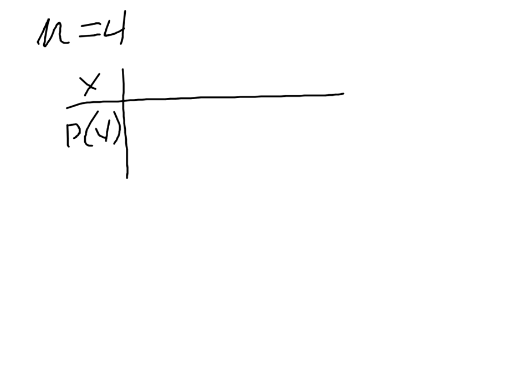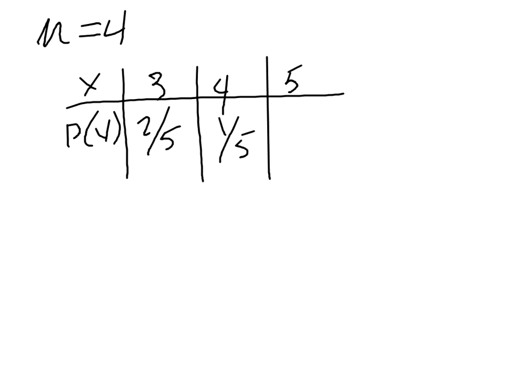Okay, and this time we're going to find the variance. And remember that I'll just quickly put the chart back up again here so we know what we're referring to. 3, 4, 5, 2/5, 1/5, 2/5.